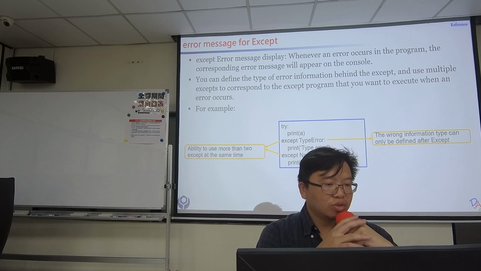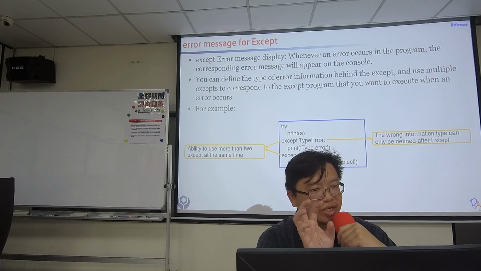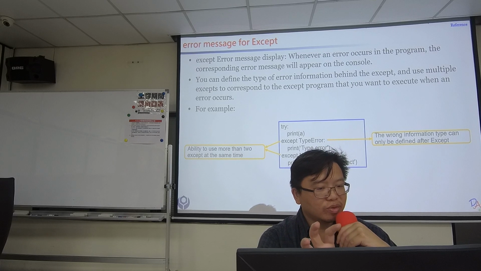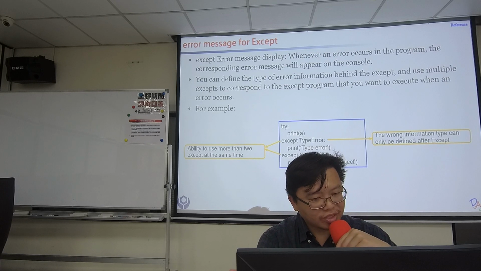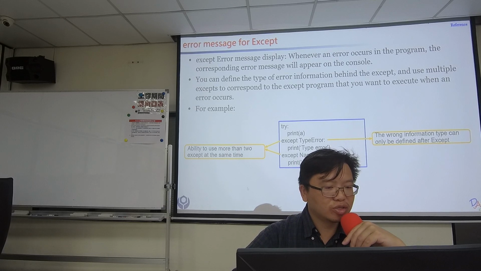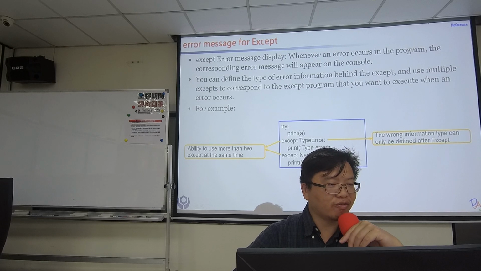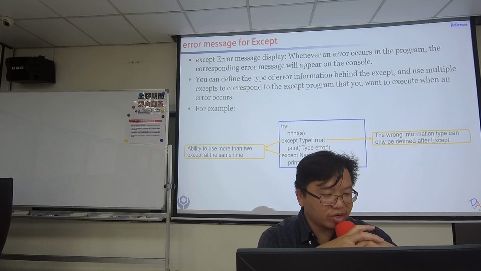So from Python, whenever there's an error, actually errors are categorized into different types. So you can even ask the code to run different kinds of exceptions for different kinds of error types. So over here, there are two examples. One is the type error, the other one is name error.